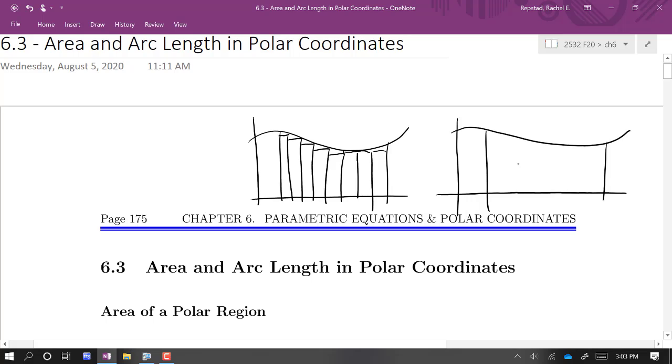We were able to add up those infinitely many rectangles. That was our introduction to the definite integral. And we just had to draw one sample rectangle here.